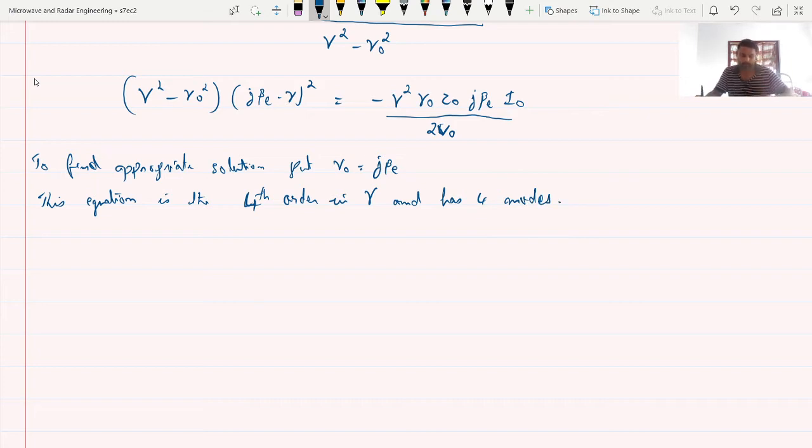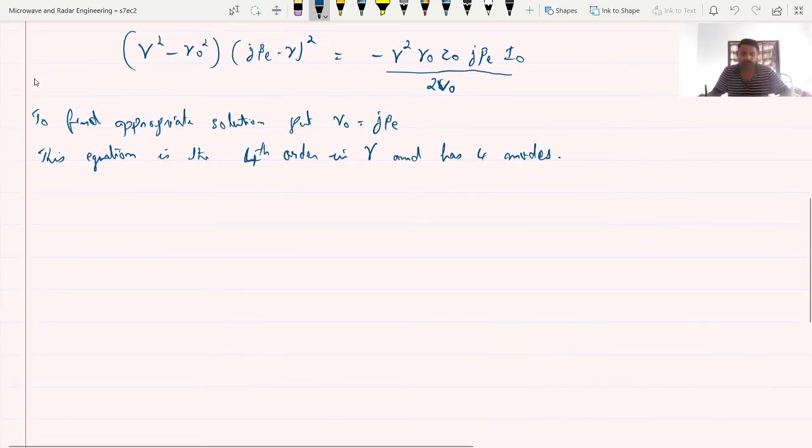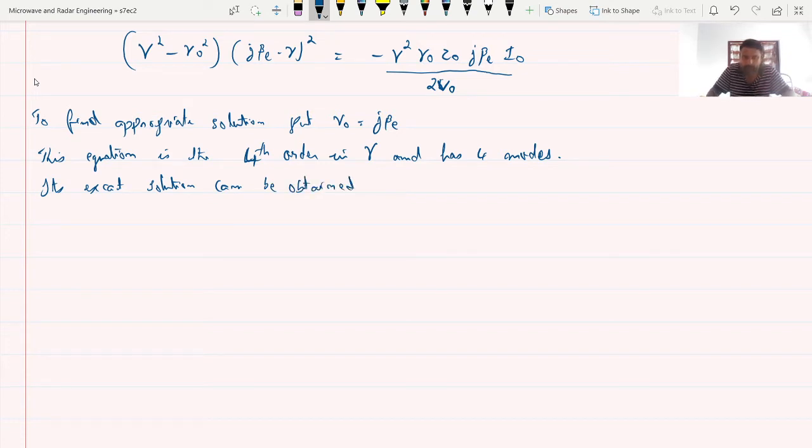Its exact solution can be obtained by a numerical method.